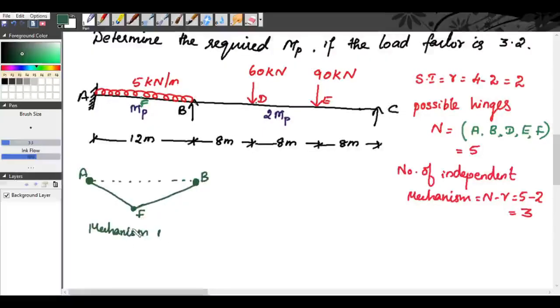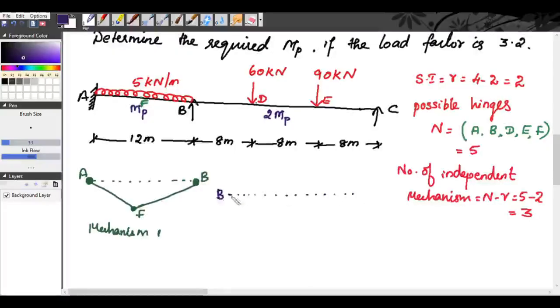Now, mechanism 2 and 3 will occur in the span BC. So, one beam mechanism here, the hinge will be forming at D, and in the another mechanism, the hinge will be forming at E. So now, it is for the span BC.